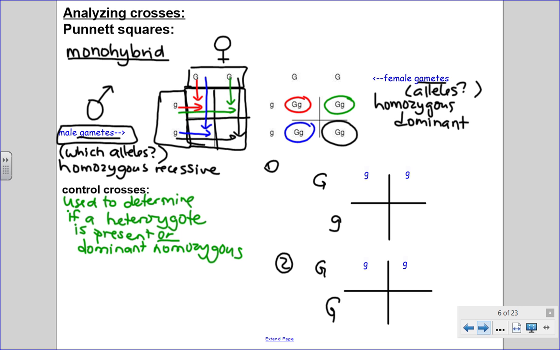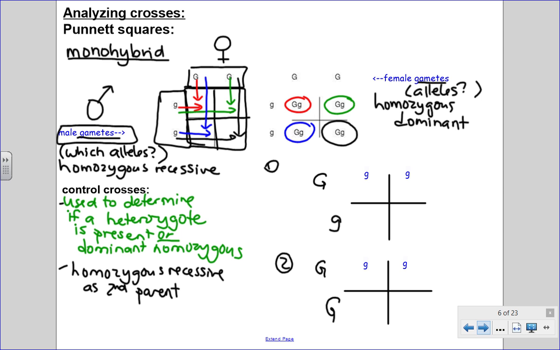In control crosses, we always use an organism that is homozygous recessive as the second parent. Since they only have the recessive gene, that's all they can pass on. So we'll fill in these two Punnett squares and determine what kind of ratio we get at the end.